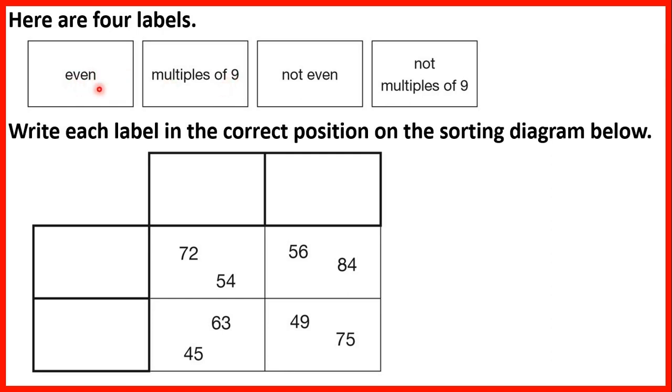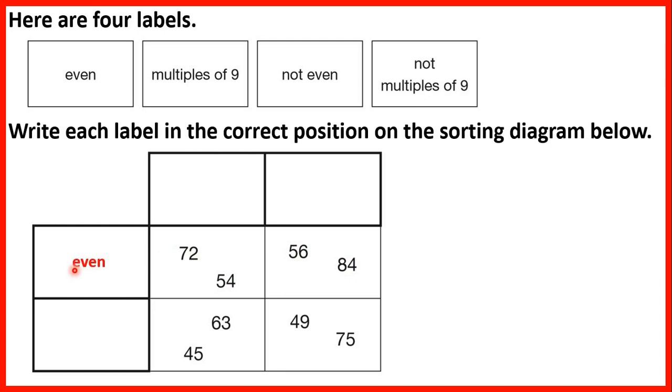Even numbers are multiples of 2, numbers in the 2 times table, so numbers that end in 0, 2, 4, 6 or 8. So if we want to find what this box here could be, we need to look at the numbers in these boxes. We have 72, 54, 56 and 84.